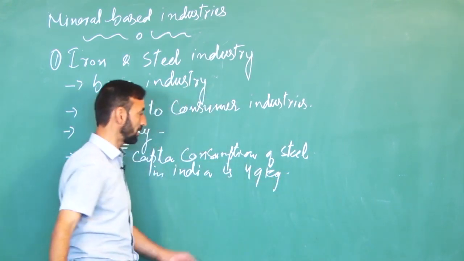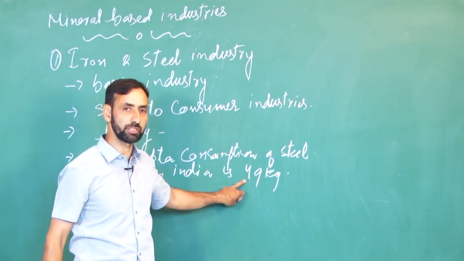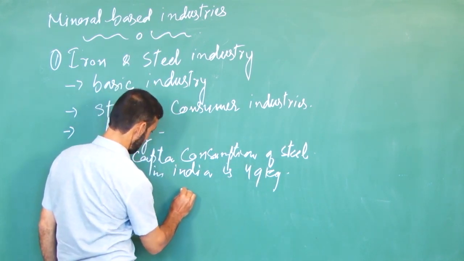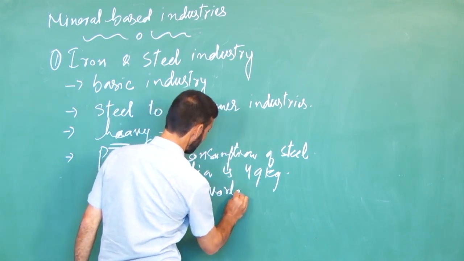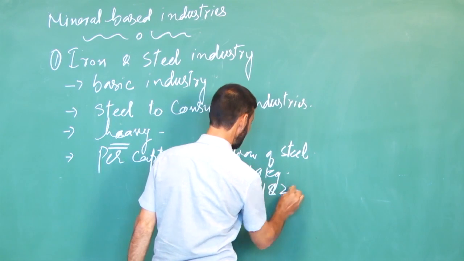It means that every person per year is using 49 kgs of steel. In world's average, it is 182 kgs.